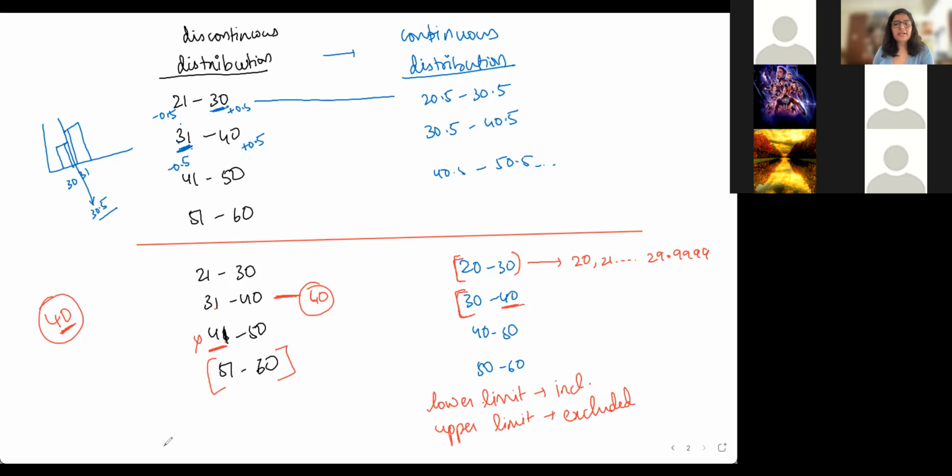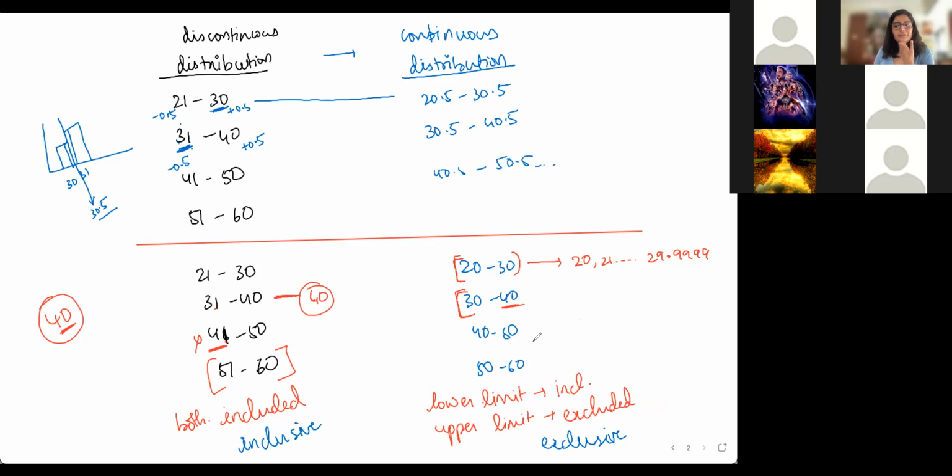Both lower limit and upper limit are included in the same class interval. Okay. So for this reason, they have alternate names also. Discontinuous distribution is also called inclusive distribution, and continuous distribution is also called exclusive distribution.